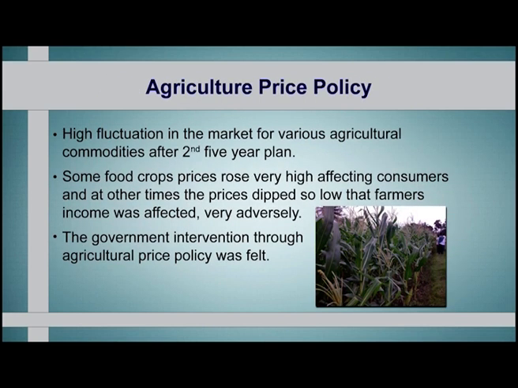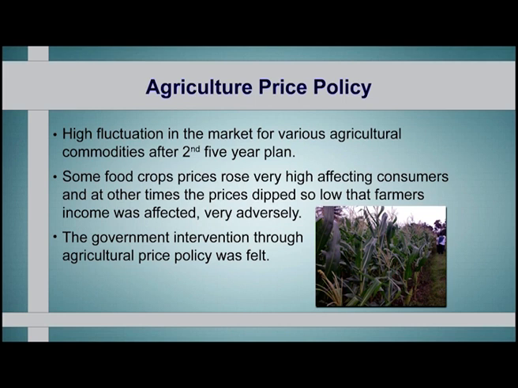Now, agriculture pricing policy in India, as we will discuss now. Due to misconduct of marketing by private traders, there was high fluctuation in the market for various agricultural commodities after the second five-year plan.